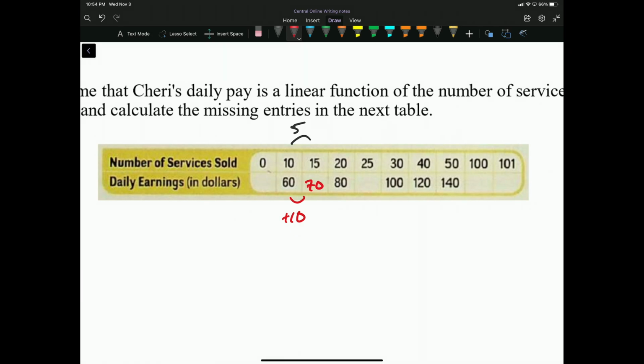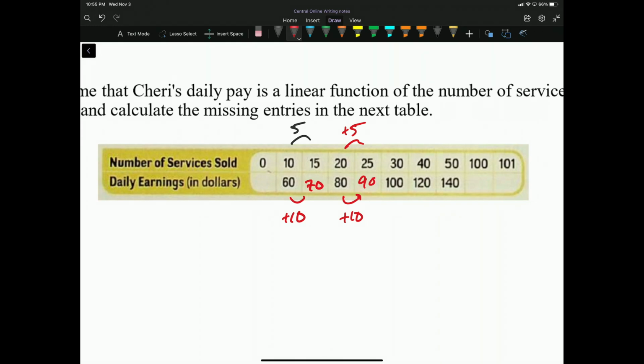So if Sherry sells 15 services, she'll make $70. We can do the same thing for 25, right? So instead of increasing by 10, we're increasing by 5. So I would increase by half of 20, which would be 10, or $90.